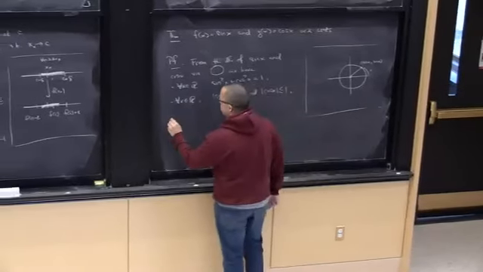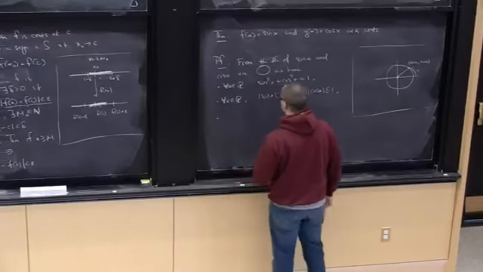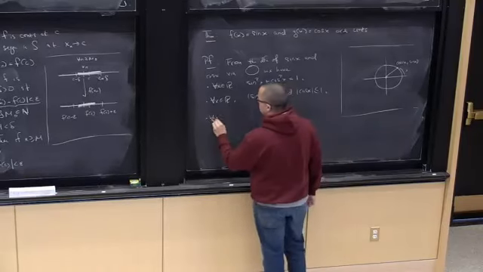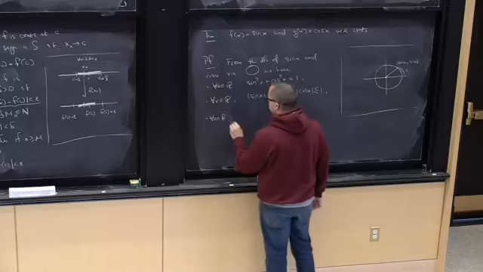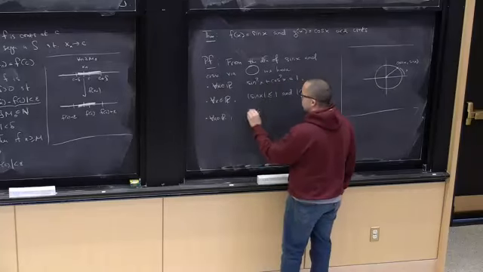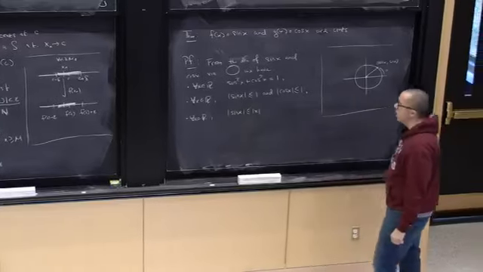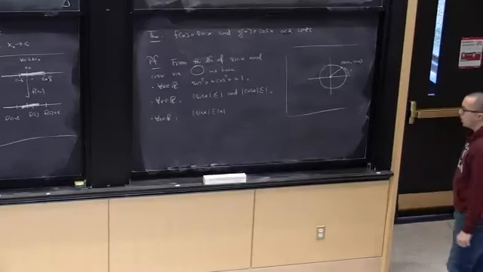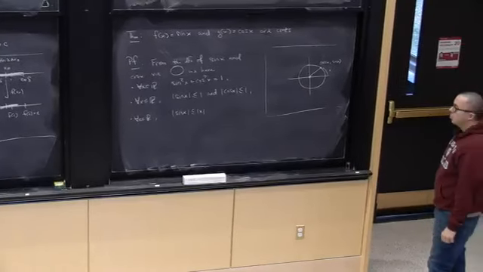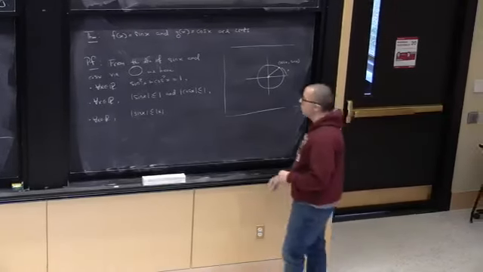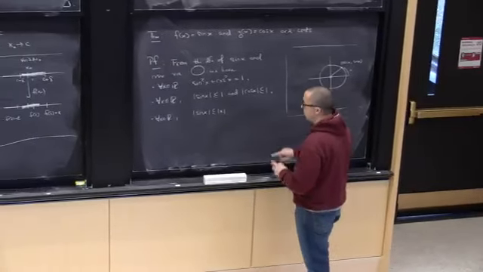Now, you can also make a better estimate for sine x when x is close to 0, which is the following: for all x, the absolute value of sine x is less than or equal to the absolute value of x, obtained by comparing the length of one side of a triangle from this picture with the length of the arc.